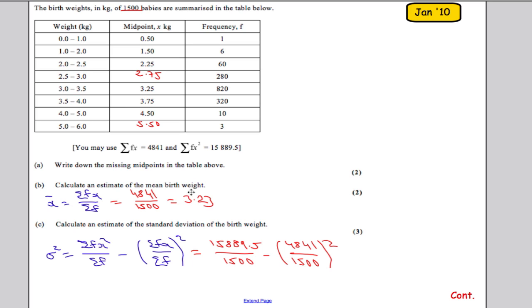Now you may have noticed I didn't just put in 3.23 and square that. The reason is this has been rounded. This is a rounded answer. I don't want to use that rounded answer when I'm calculating the standard deviation, so I'm going to use an exact value, which is this, and then I'll round afterwards. So you're best off using this value rather than this.